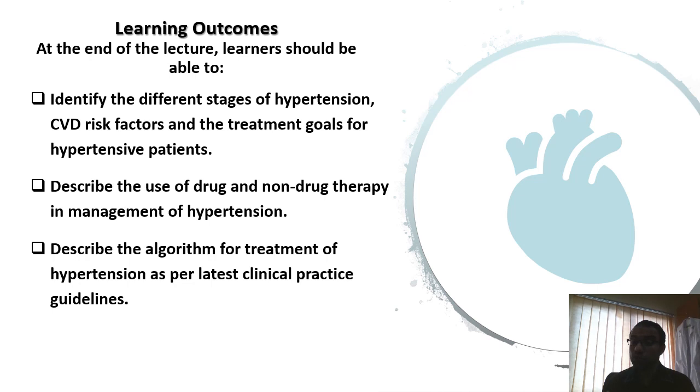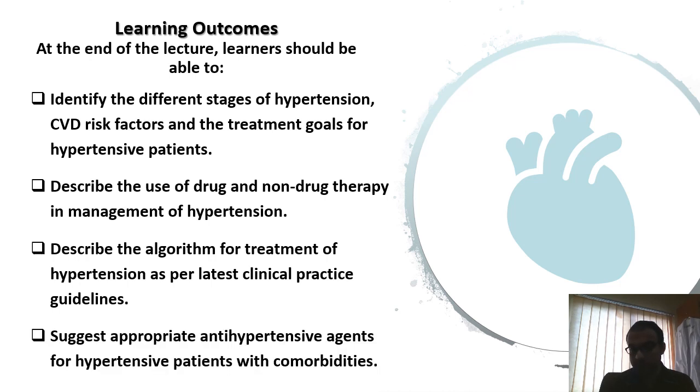We want also to highlight the treatment algorithm in the national and international clinical practice guidelines. And of course, we want to focus on how the proper selection of medication is affected by the presence of comorbidities.